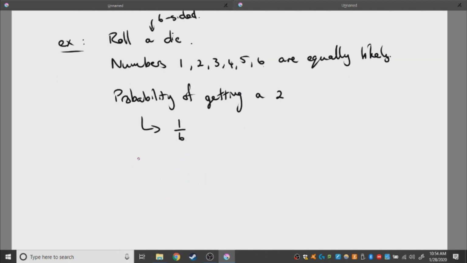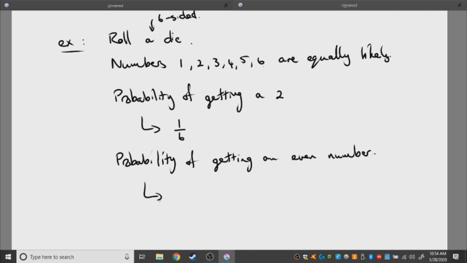If, for example, I say the probability of getting an even number, what would you say that is? 3 over 6, because half of them have the property that I'm looking for.